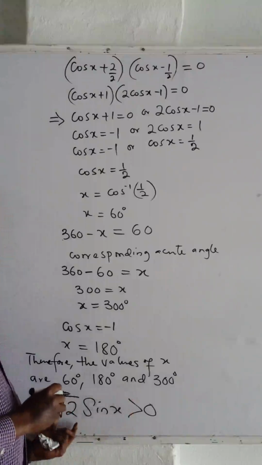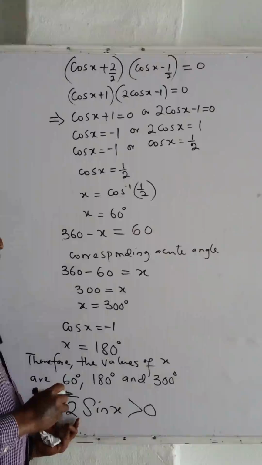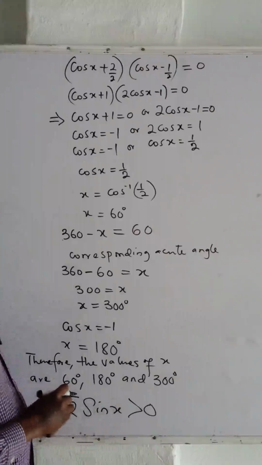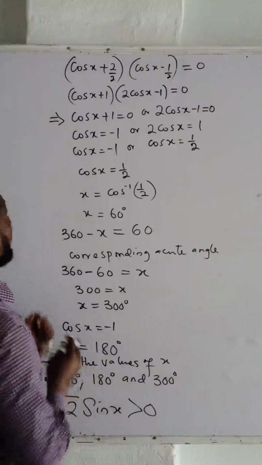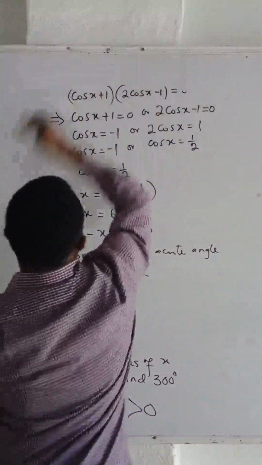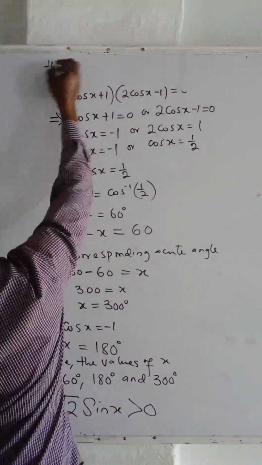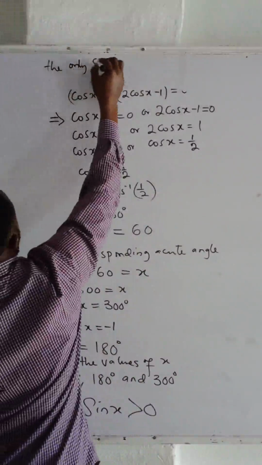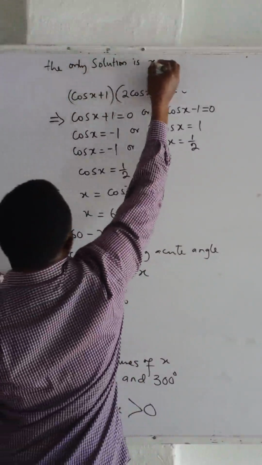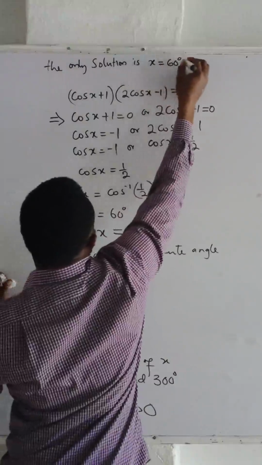If I multiply it with root 2, it's going to give me a negative number, which is going to be less than 0. So as we can see, the only solution to this problem is x equals 60 degrees.